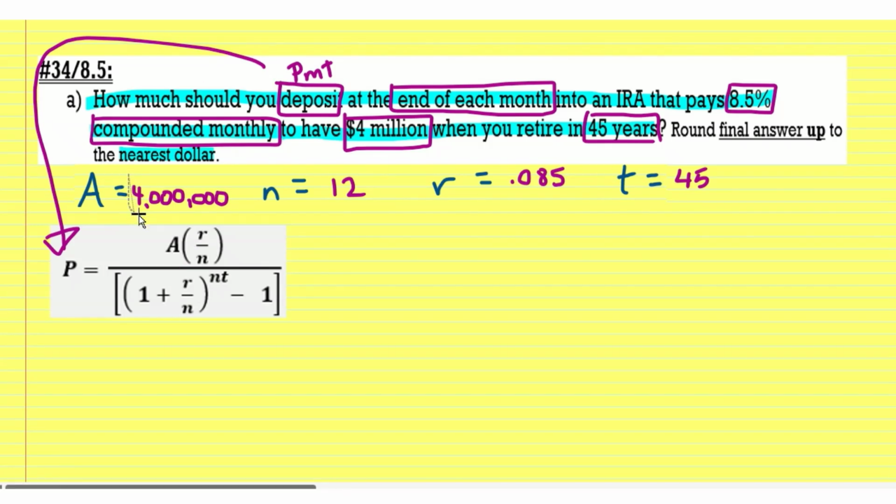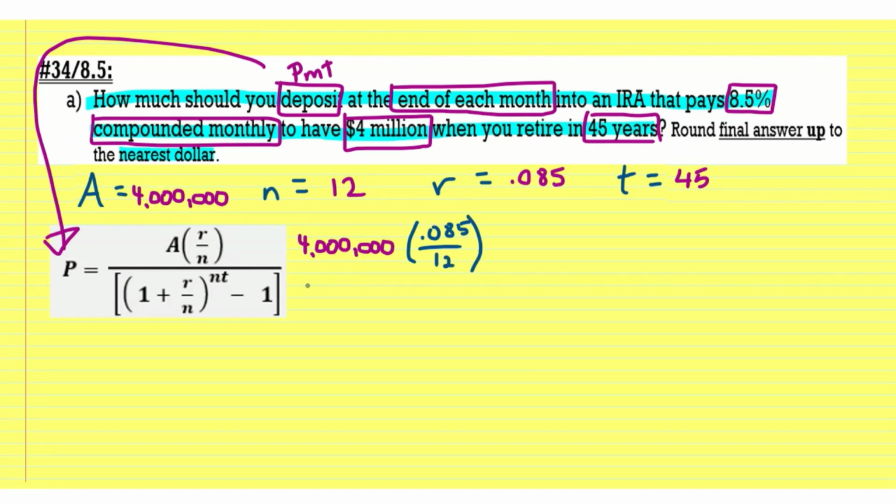We're going to take the $4 million. That is my A number. And we are going to put it over here. Okay, and then we are going to multiply that by the ratio, 0.085 divided by the number of compounding periods, or how many payments we're going to make every year, and it's 12. And that's my numerator.